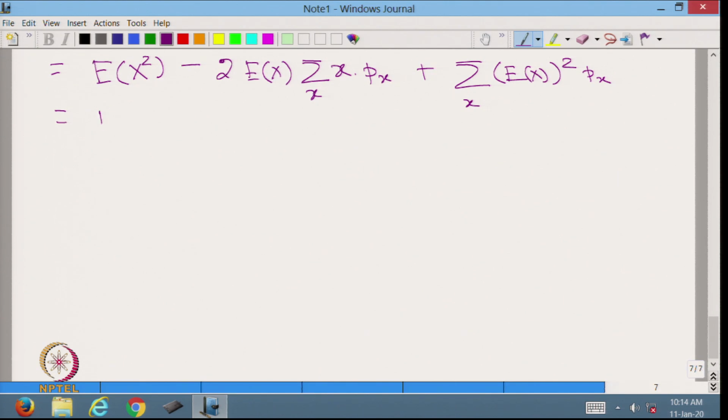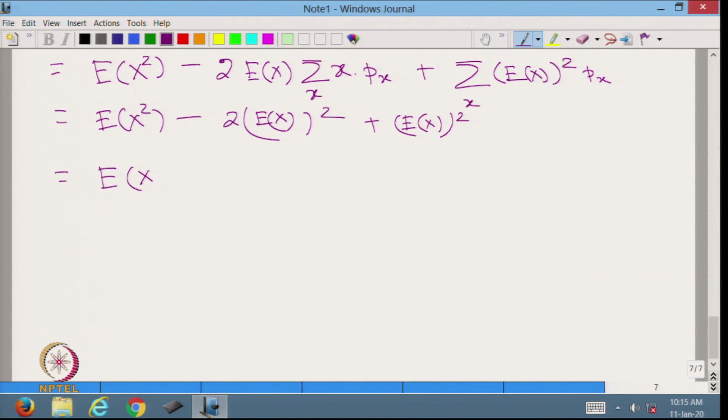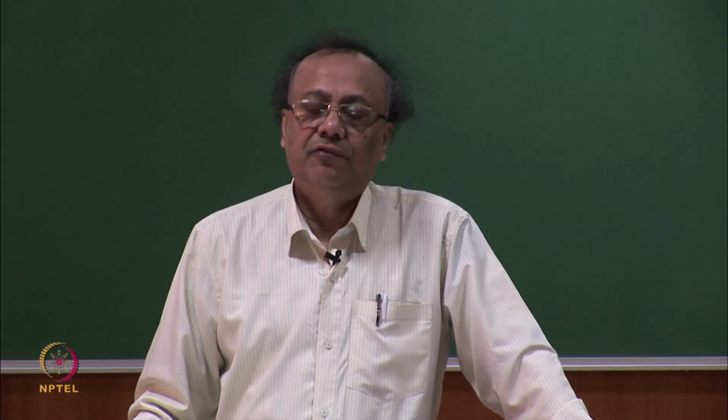This we can write as expected value of X square minus 2 times expected value of X whole square plus expected value of X whole square, because once we take expected value of X square out of the summation, the remaining things add to 1. This is equal to expected value of X square minus expected value of X whole square. This is a very convenient formula for computing variance.